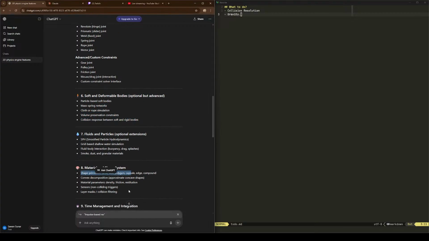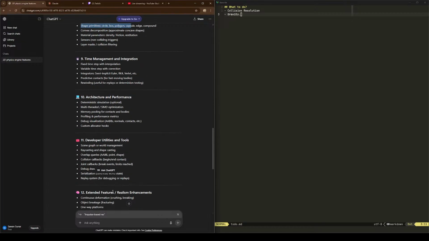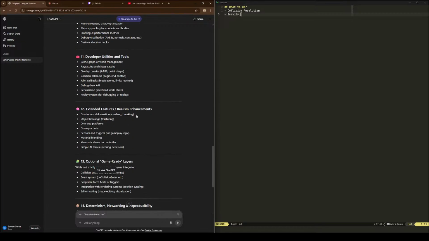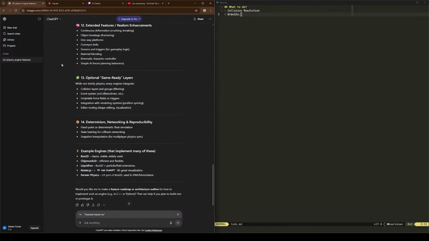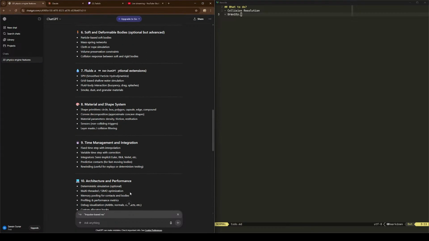Fluids and particles, what? Bro, now it's going into categories that don't really mean much in a collision physics engine. So I guess collision layers and groups, filtering, event system. The event system is good for a game layer, game engine.